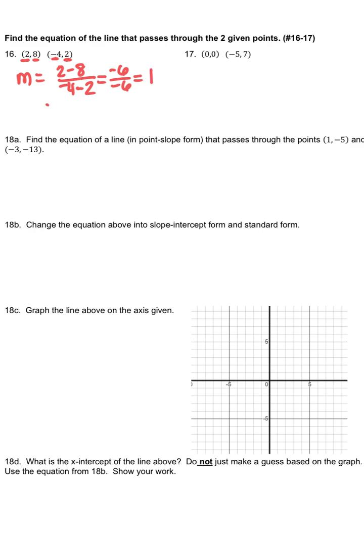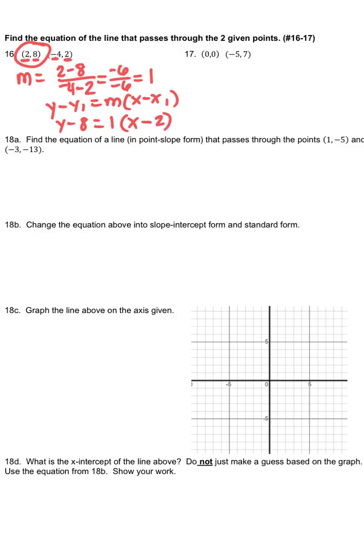So now we're going to put it in our y minus y1 equals m times x minus x1. So we have y minus, pick a point. So in this one, I'm just going to pick this first point. So y minus 8 equals 1 times x minus 2.